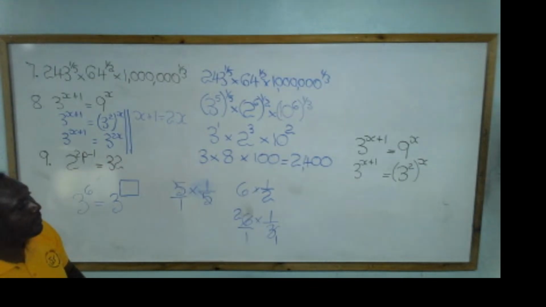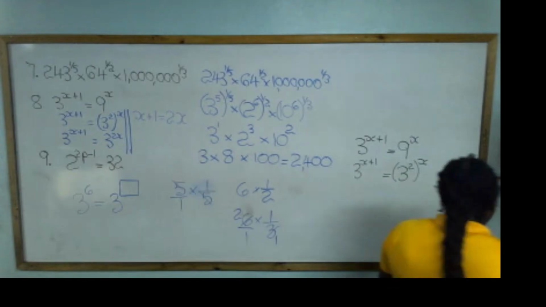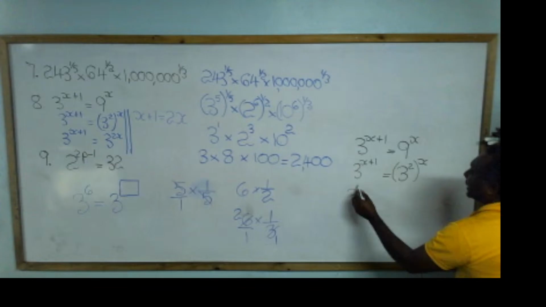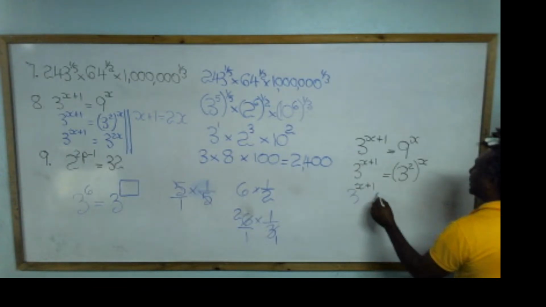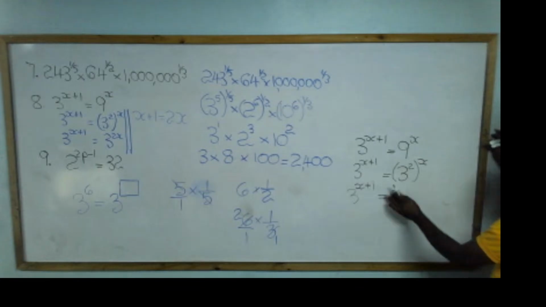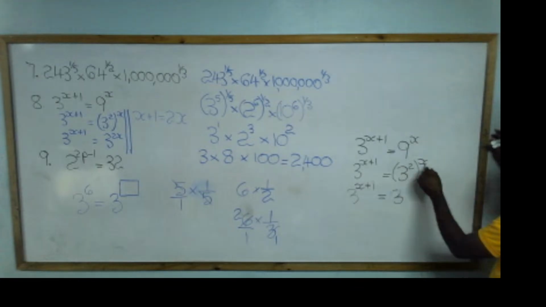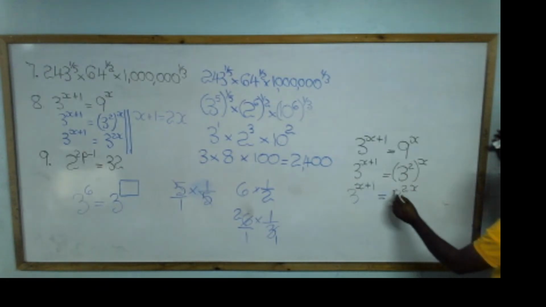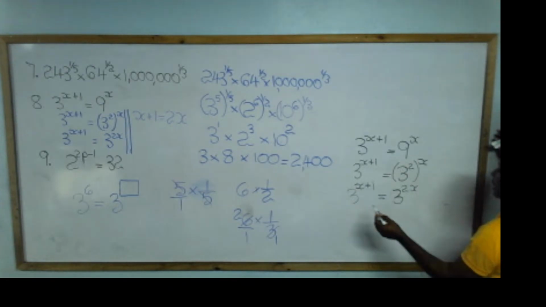And of course, we know some basic stuff, especially from the exercises so far, that 3 to the power of x plus 1 is equal to 3 to the power of, we multiply the indices. 2 times x is 2x. And then what do we do next?